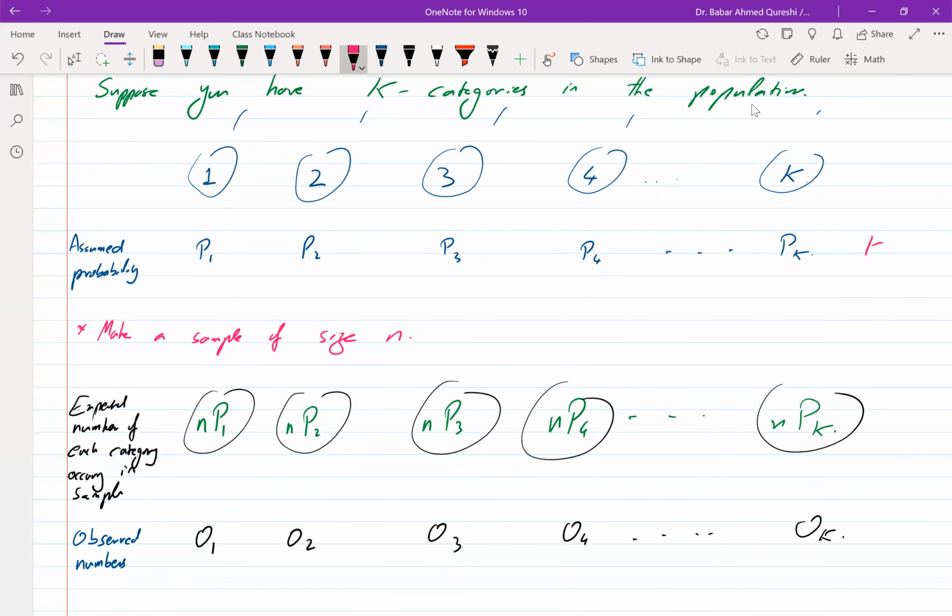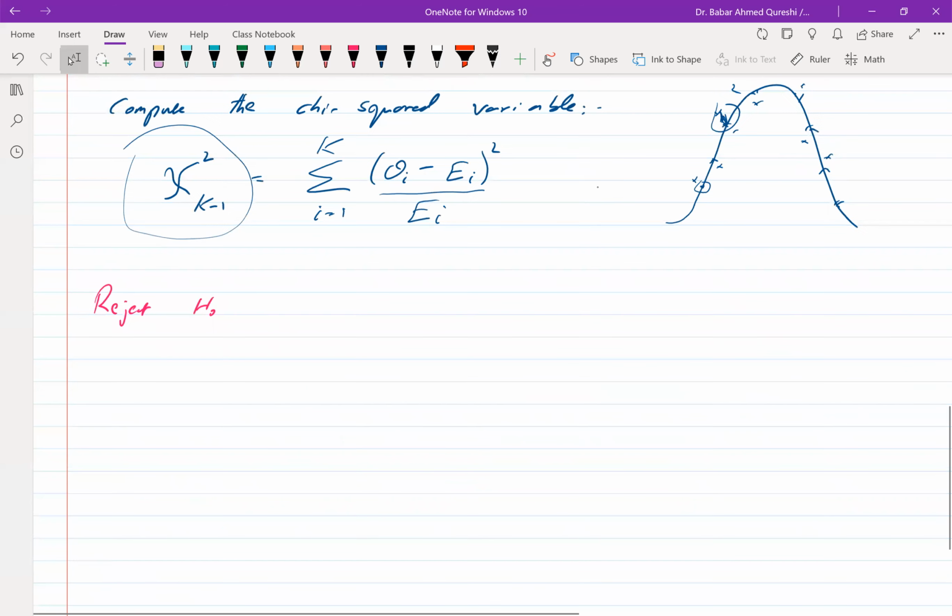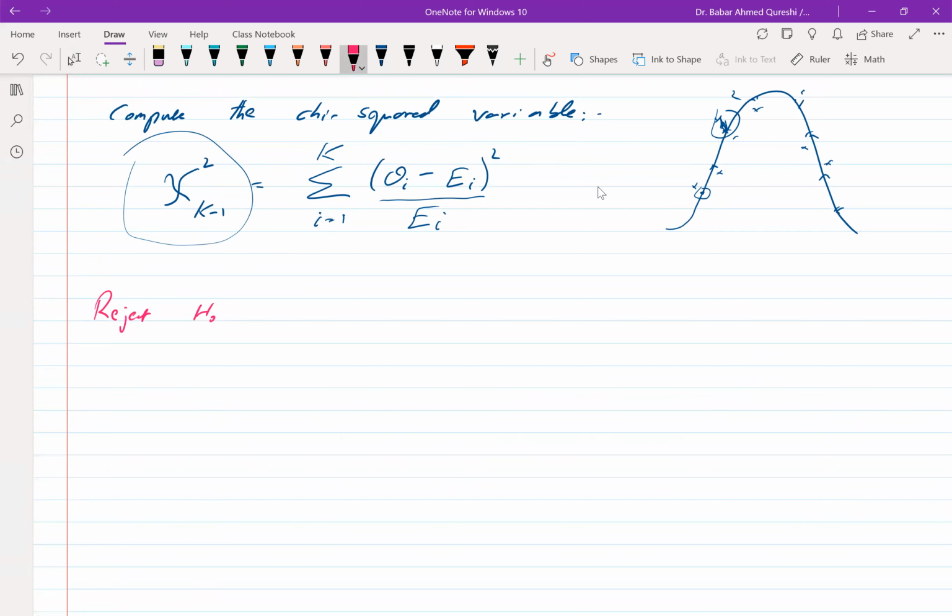This is your null hypothesis. So these are your probabilities in the population for these categories. If these differences turn out to be too large, then you can reject H0.